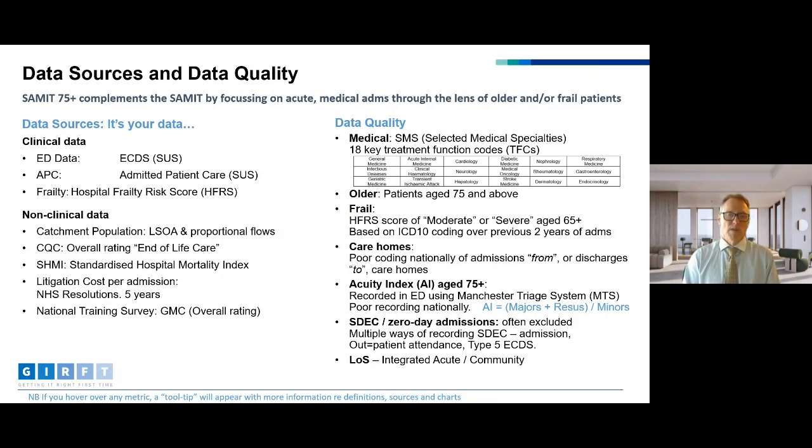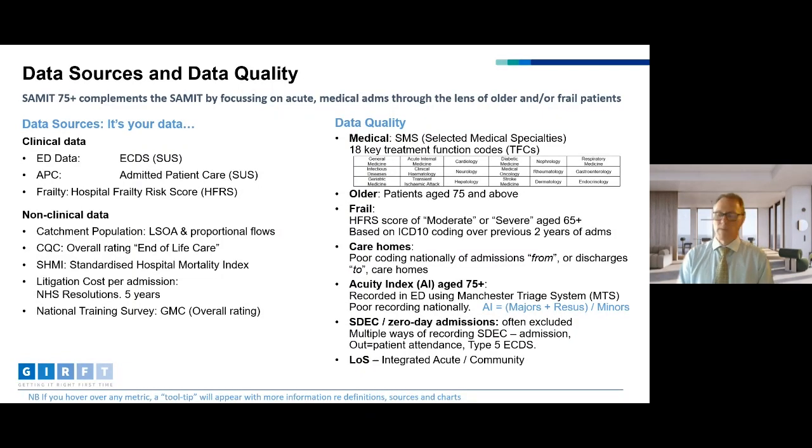The catchment population of a hospital is difficult to identify, but what we do is what's known as proportional flows methodology, which looks at where all elderly patients came from over a year. We know where they came from in terms of their postcode and LSOA, so we can understand what proportion of patients came from which LSOA, and then we know the population of each LSOA.